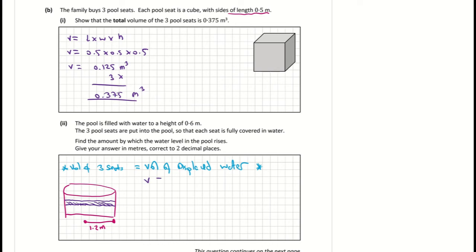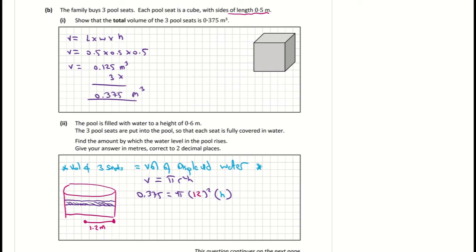So the volume of a cylinder is equal to pi r squared h from my log tables. The volume of the cylinder, or the extra displaced water, is the volume of the 3 seats, which is found in part B, so that's 0.375. I'm letting that equal to pi r squared h. Now I know the radius, it's 1.2 meters, and the height is what I'm trying to find.